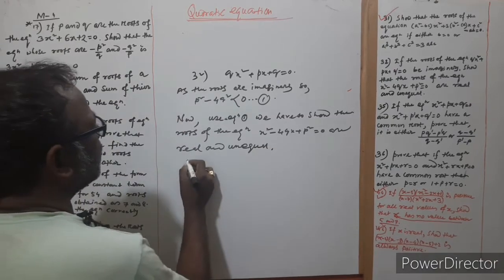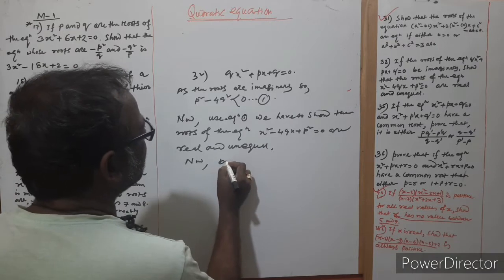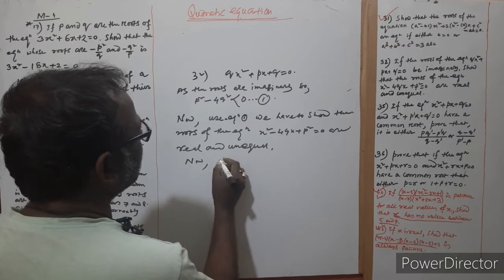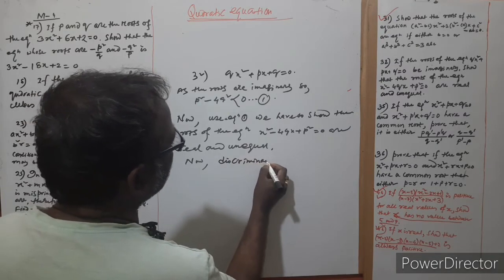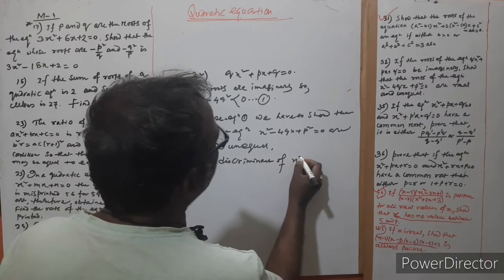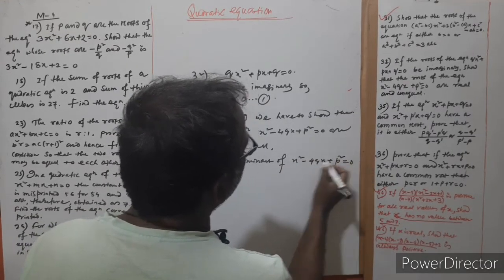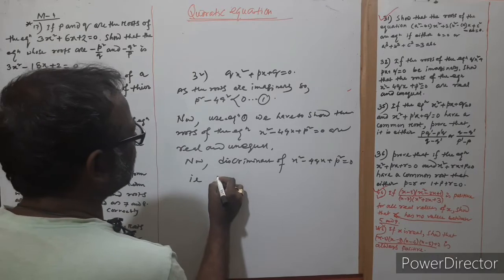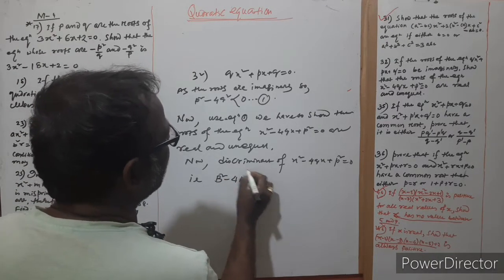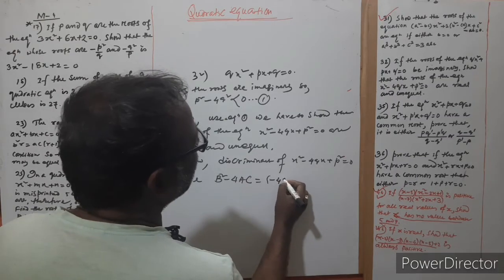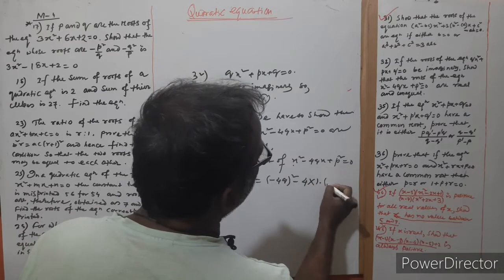Okay, now find the discriminant of x square minus 4qx plus p square equal to 0, and that is b square minus 4ac.